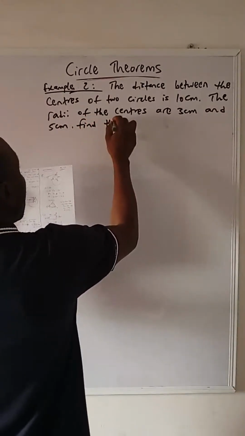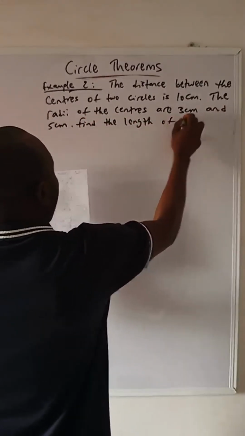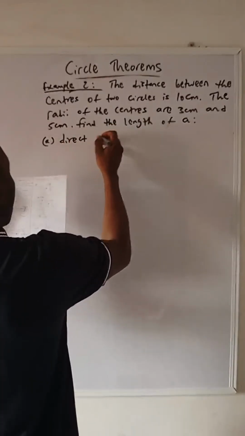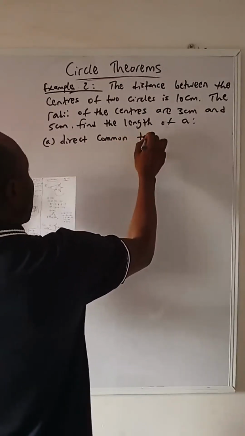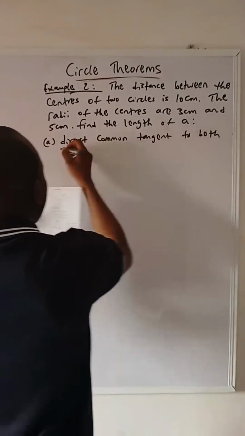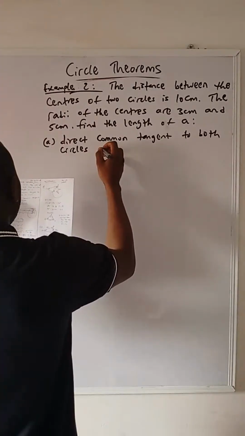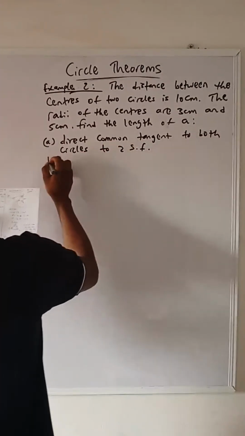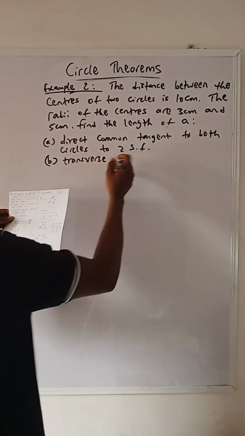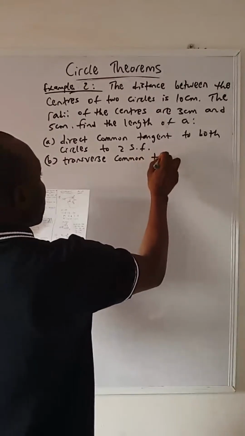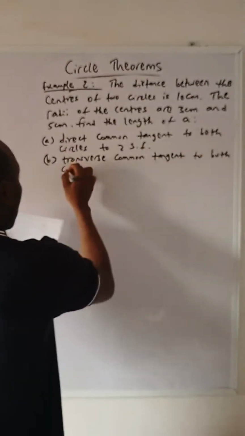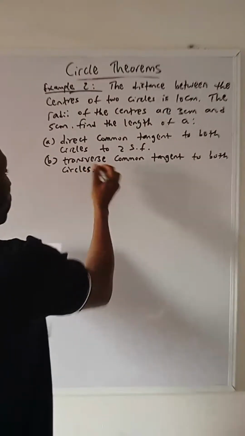A, find the length of a direct common tangent to both circles. B, find the length of a transverse common tangent to both circles. Beautiful question.